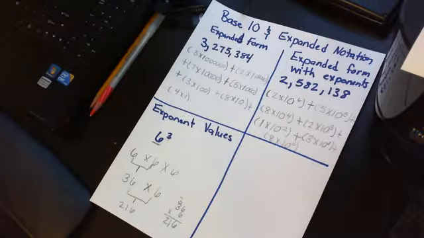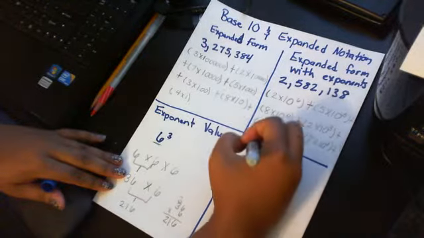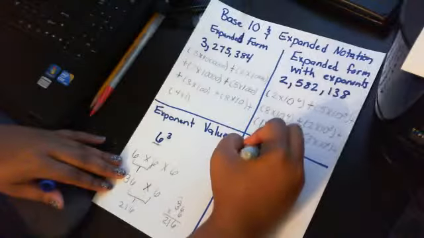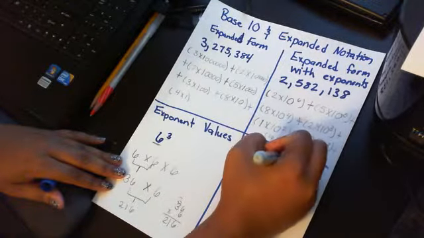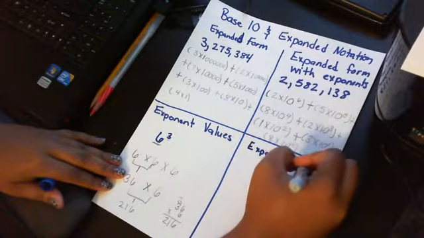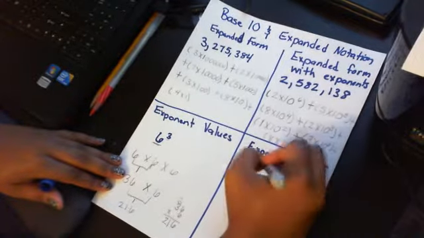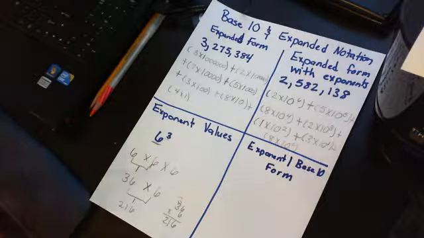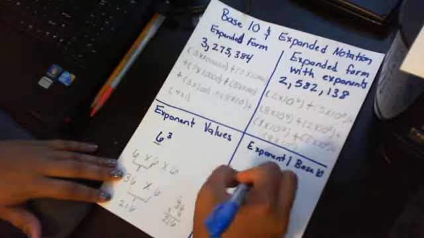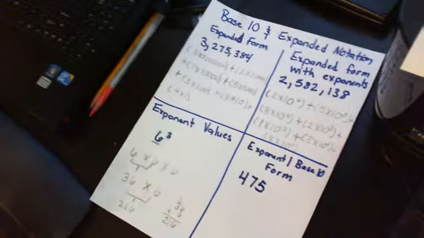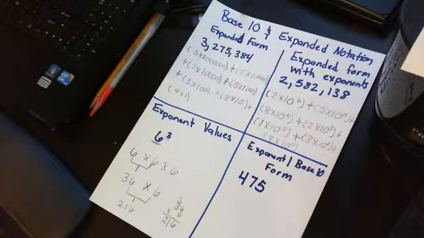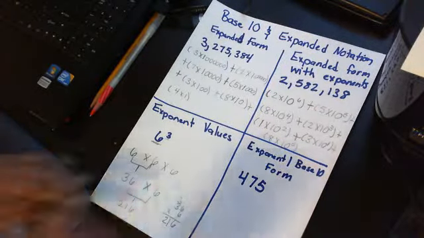The last thing that we covered in class, but it is not on your homework, is putting a number in exponent base 10 form. So if we have the number 475, and Ms. Sills says put it in base 10 form, we know that the decimal should be after the first number.